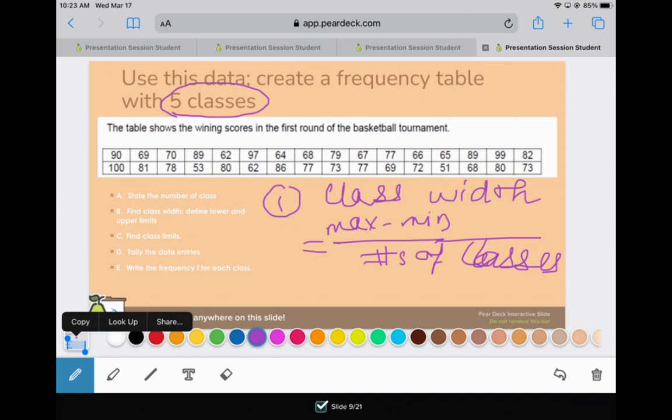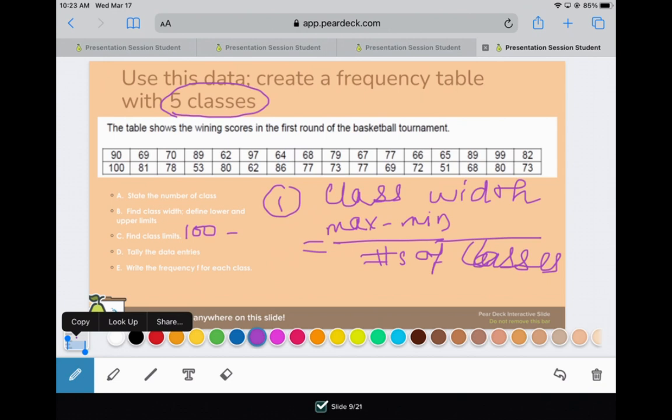Let's go back and identify the maximum and the minimum in this list. The highest value is 100. This is the extra slip that I asked you to work on, so I'm going to go over it just to check in.